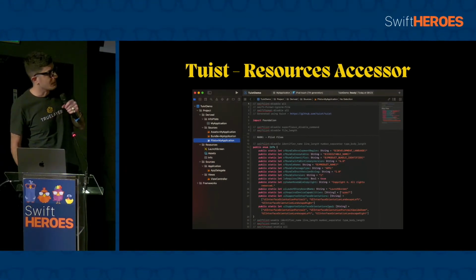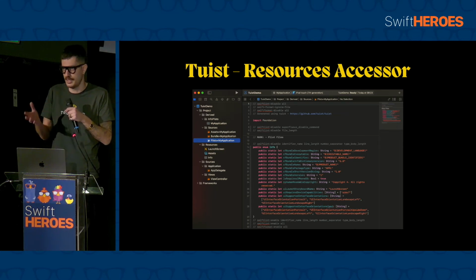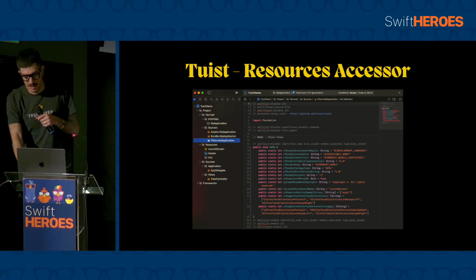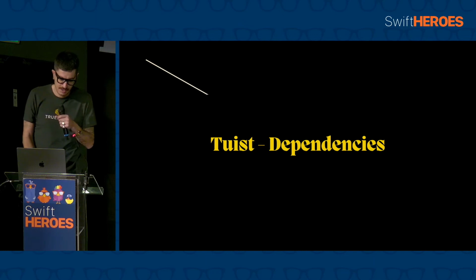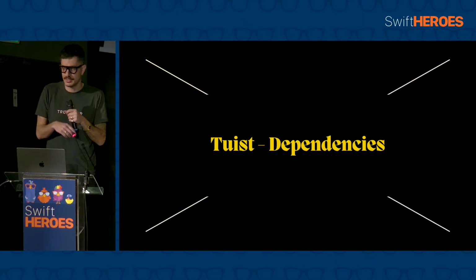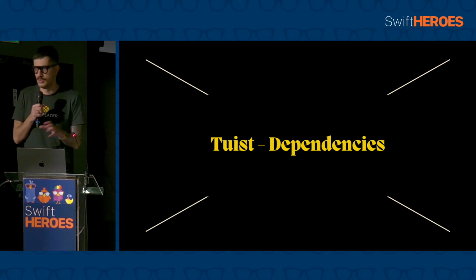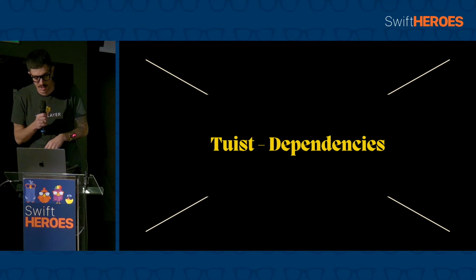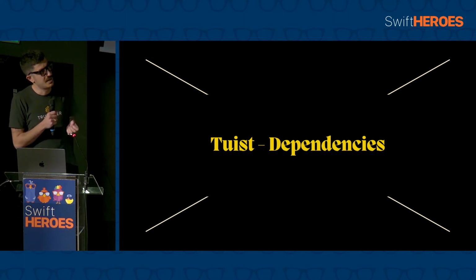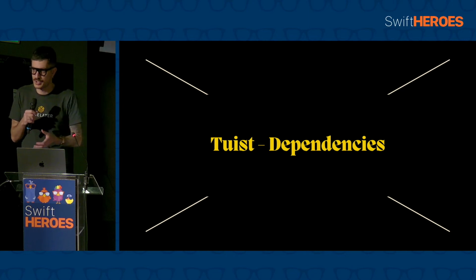So yeah. Now let's take the previous scenario and we want to add the networking dependency. Here it becomes a little bit more complicated. Recently Tuist released Tuist 3 and introduced a whole new concept of dependencies. Tuist has its own, let's call it first-class solution for dependencies.